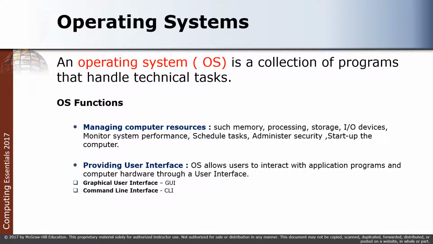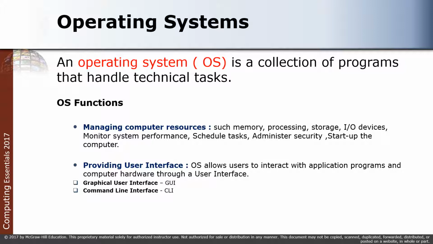For example, when we want to start an application software, the content of the application software will be loaded into the computer's memory. So who loads the content of the application software into the computer's memory? That is the job of the operating system.